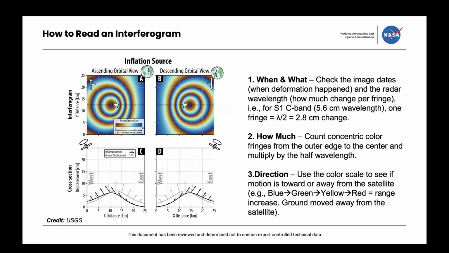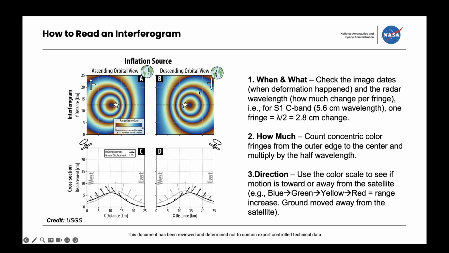One fringe is equivalent to half the wavelength of the satellite, which is 2.8 cm. And then for L-band, for NISAR specifically, it's 24 centimeters of wavelength, and of course half of the wavelength is 12 cm in terms of change.